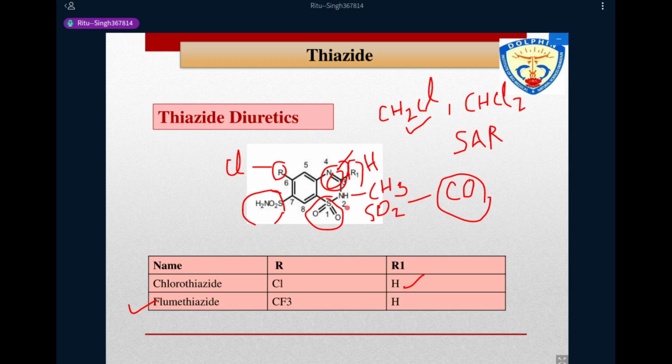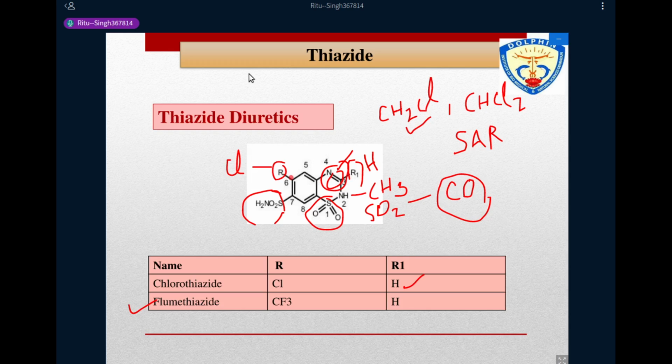The first position, that is the SO2 group, can be replaced with a CO group. At the second position, at the second nitrogen atom, a methyl group can be added for the activity of the drug. And at the third position, hydrophobic groups are attached for the activity of the drug.